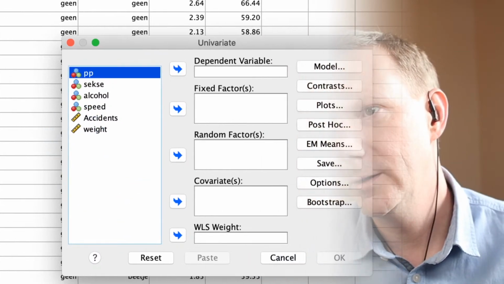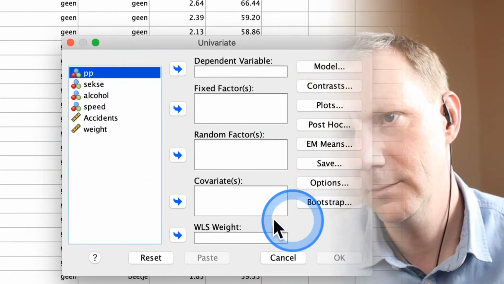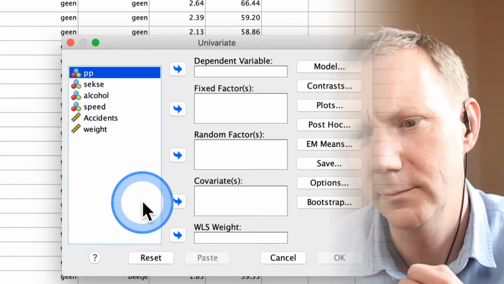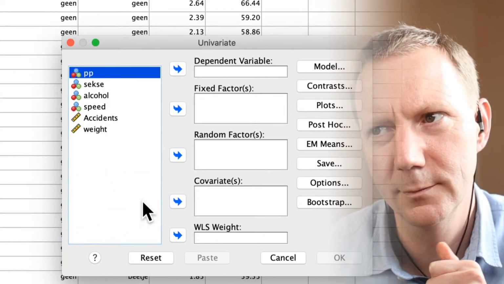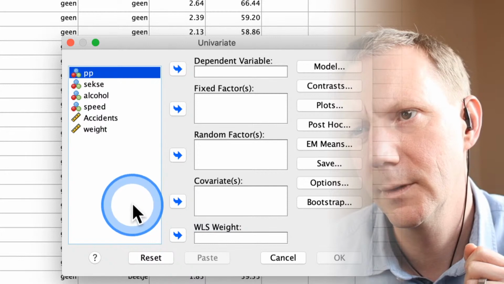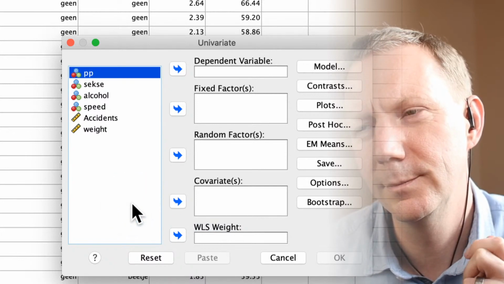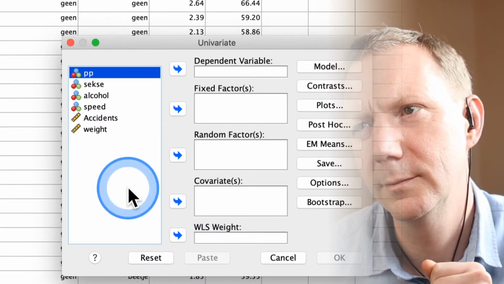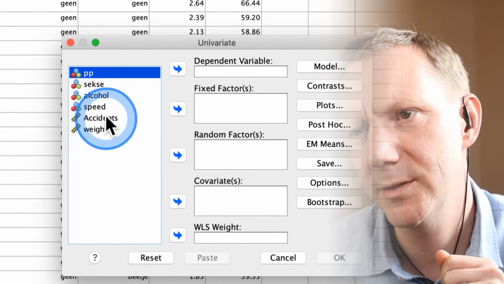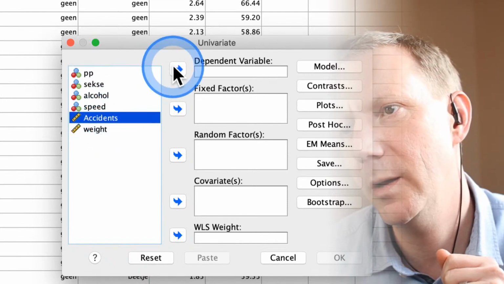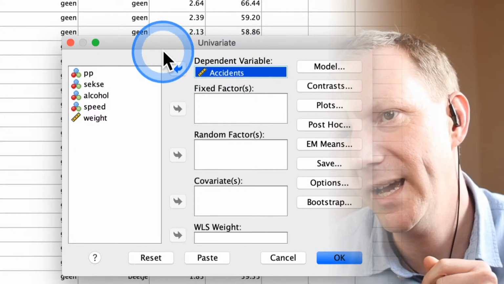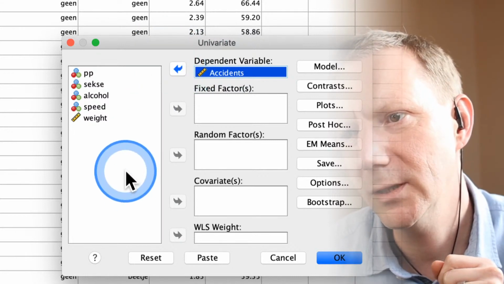What goes where? Tell me. Accidents go in the dependent variable. That's right. So our experiment was about the amount of accidents that we have. And now what?